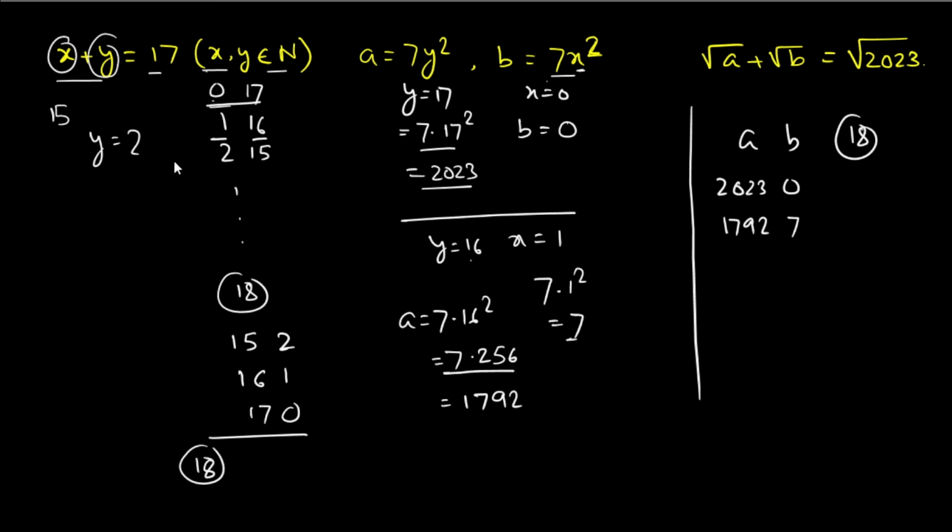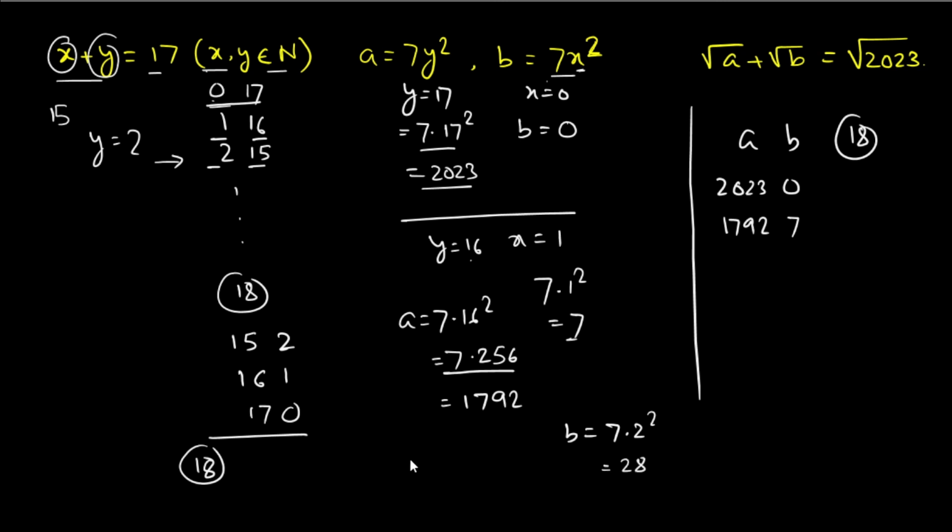Now in the next we will put the values of x and y as 2 and 15. With x as 2, the value of b will be 7 times 2 squared, and 2 squared is 4, 4 times 7 is 28.